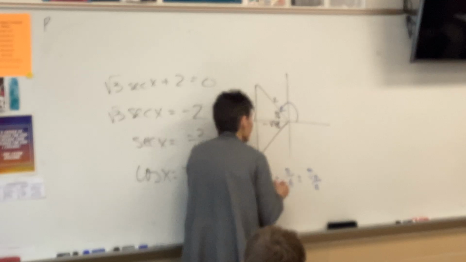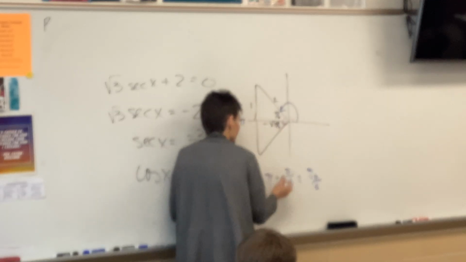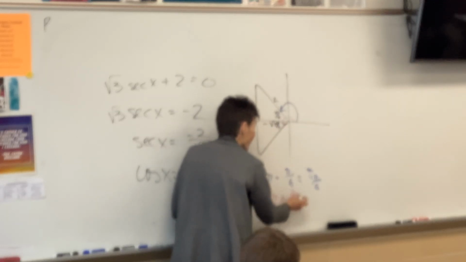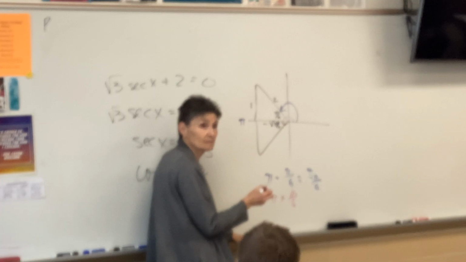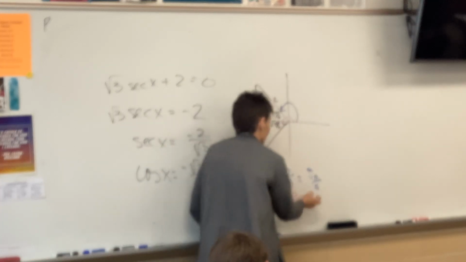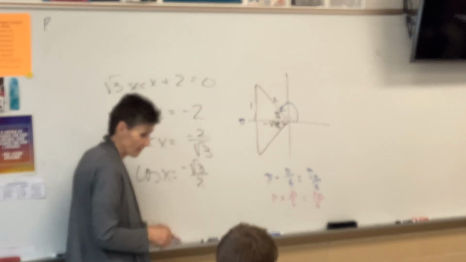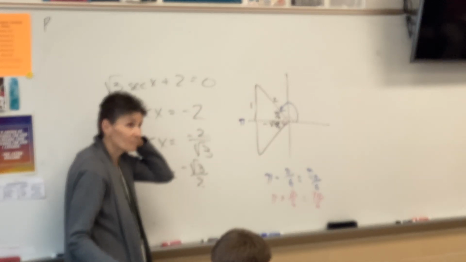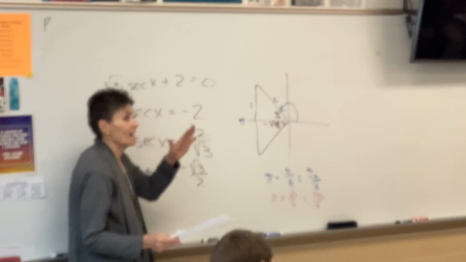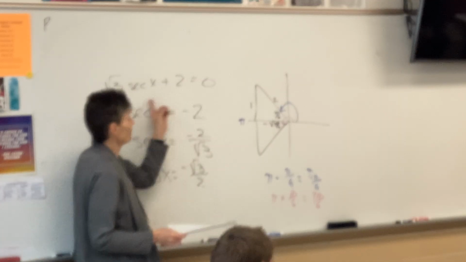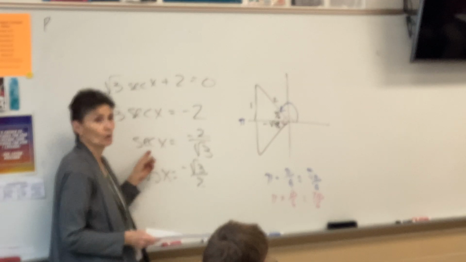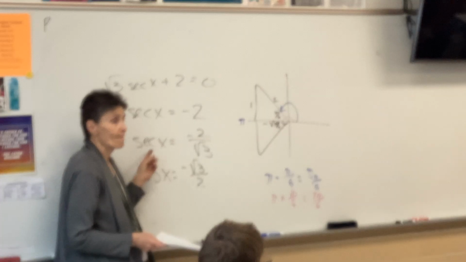And the other one is going to be pi plus a sixth, which is 7 pi over 6. So there are the two answers to that problem. So he's right. You had to do a little bit of work here to get it to look like the other ones did.